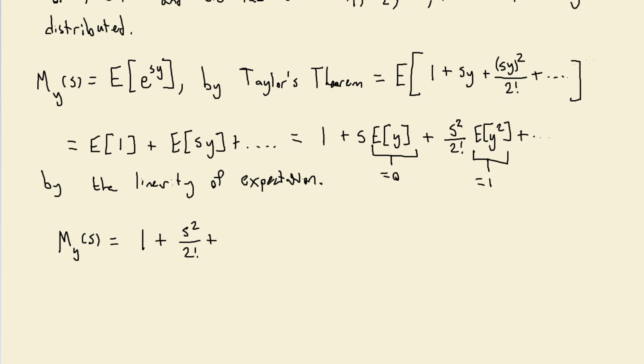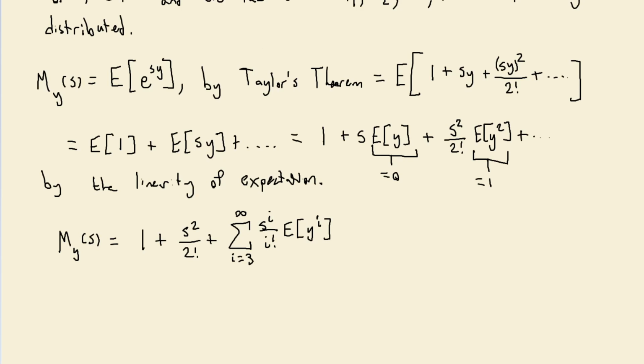And then for the remainder, we're going to have infinitely many terms, but I'm just going to write the rest in summation notation, from i equal to 3 all the way up to infinity of s to the power of i over i factorial multiplied by the expected value of y to the power of i. And so this is equal to our moment generating function of y.